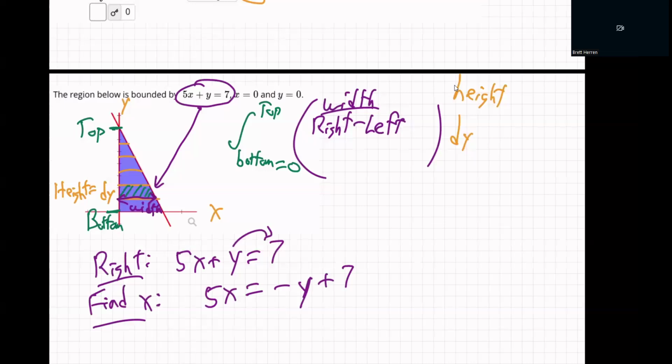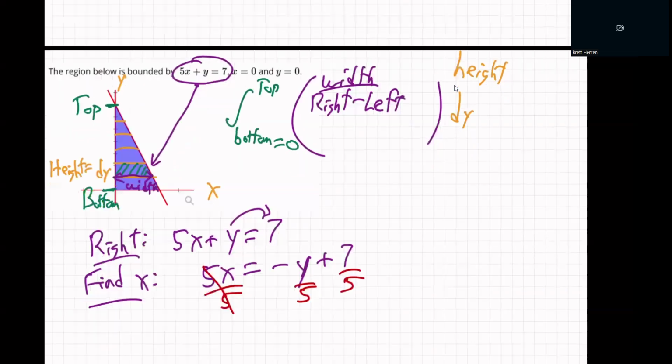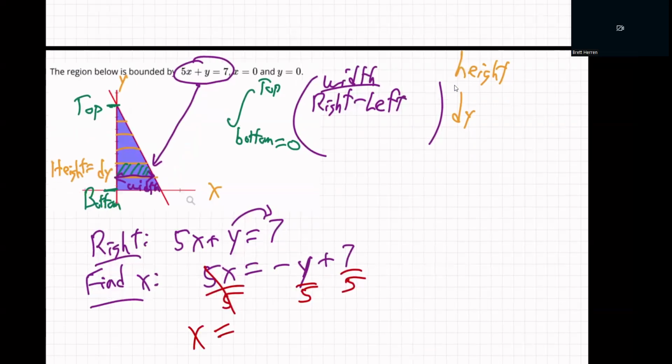And then I'm going to divide through by 5. Boom. So there we go. X is minus 1/5 y plus 7/5. That's the x value of this position on the line. So that's the right edge.